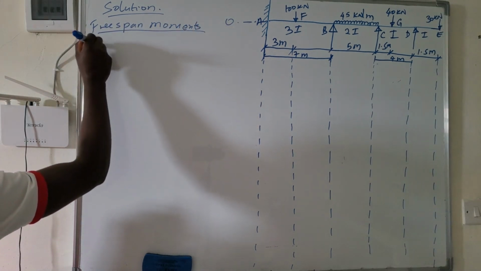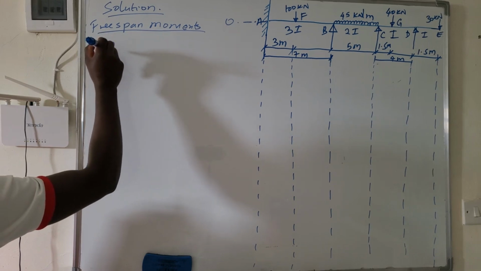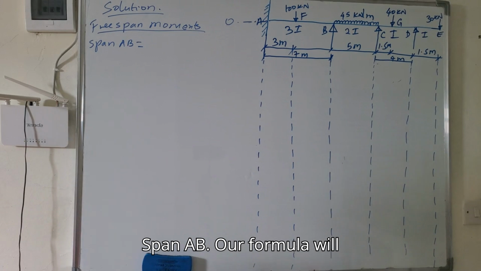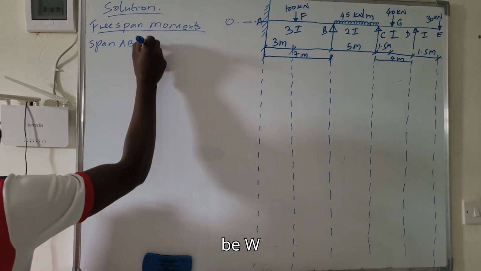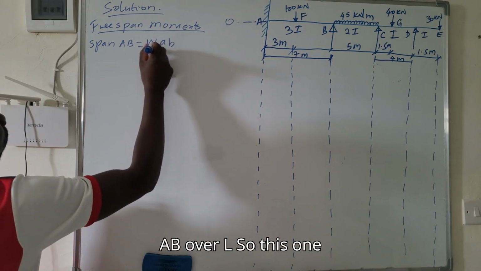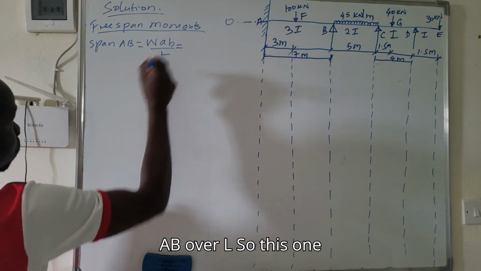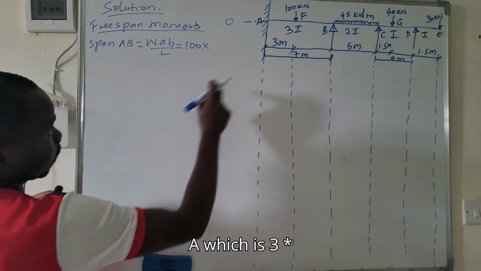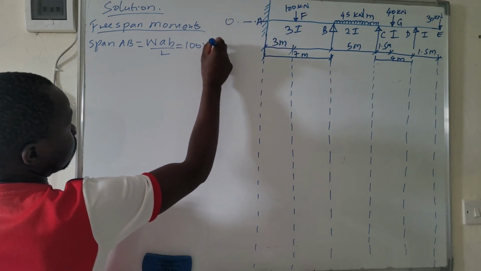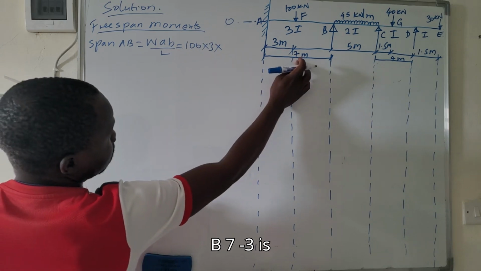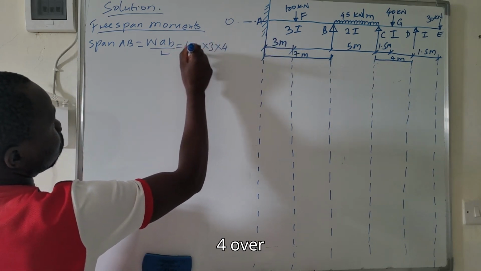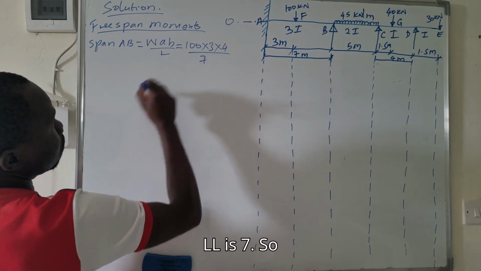Span AB: our formula will be W a b over L. So this one will be 100 times a, which is 3, times b, which is 7 minus 3, which is 4, over L, where L is 7.